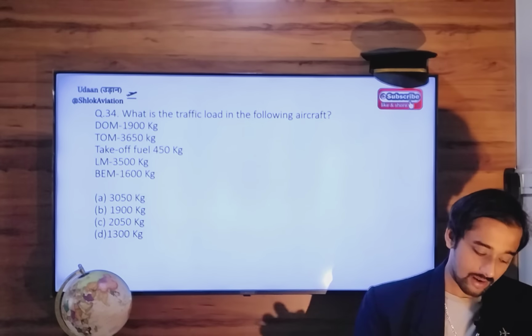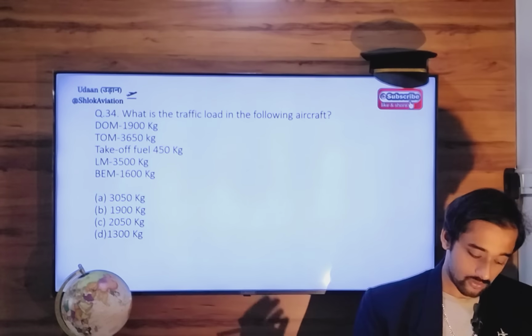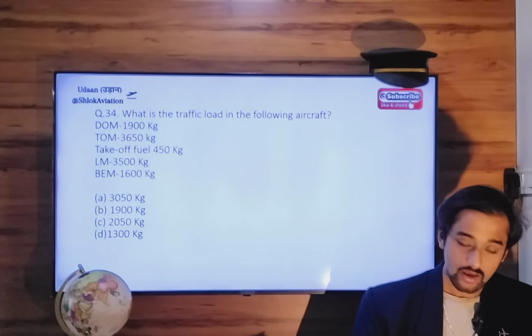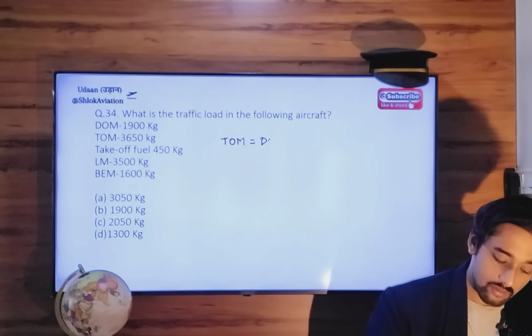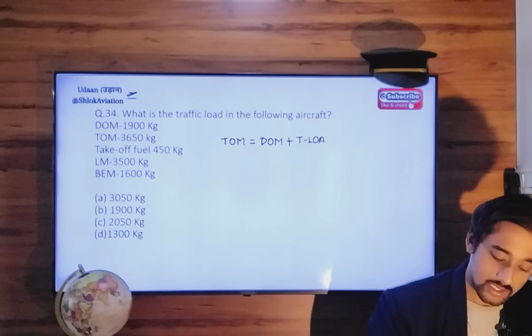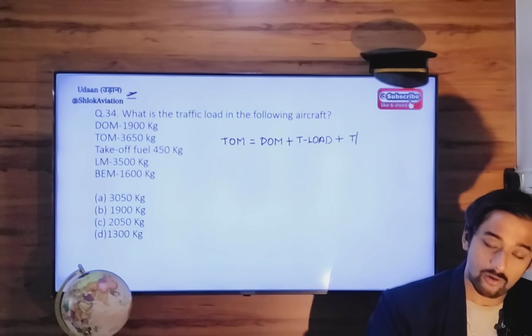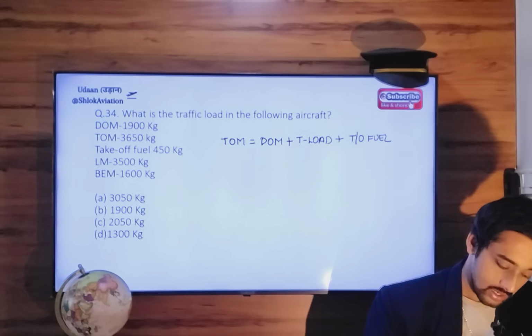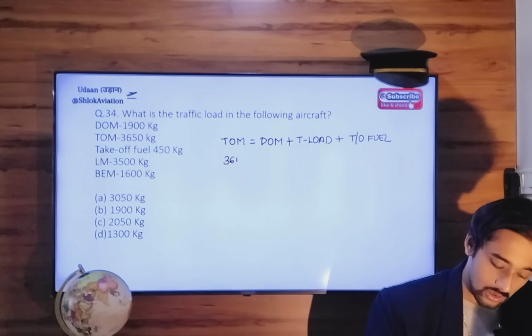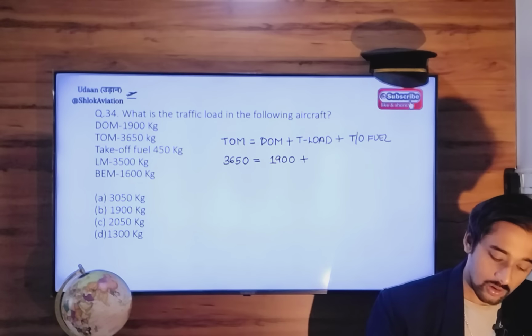So now here we will have to use a direct formula which states that takeoff mass will be equal to dry operating mass plus traffic load plus takeoff fuel or fuel on board. Substituting the values, you get takeoff mass 3650, dry operating mass 1900, traffic load is what you have to find out, takeoff fuel is 450.